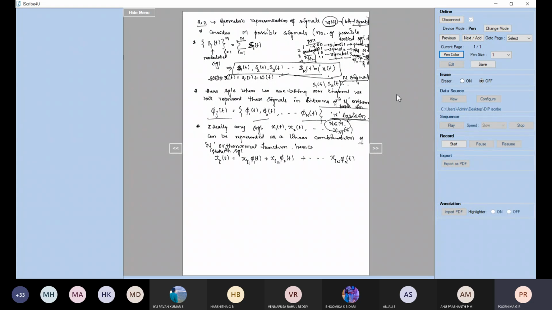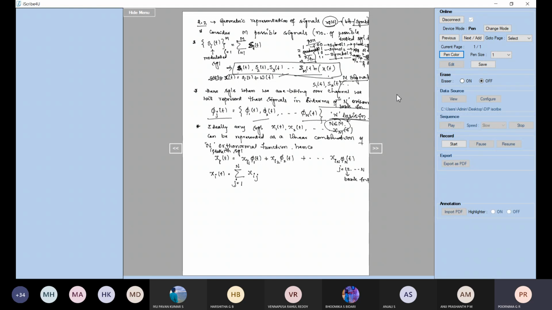Now you can call this xi of t in terms of orthonormal functions. When you are representing any signal, j is equal to 1 to n, what is your actual signal? It is xij, because j is ranging from 1, 2, etc. to n. These are representing the basis functions.